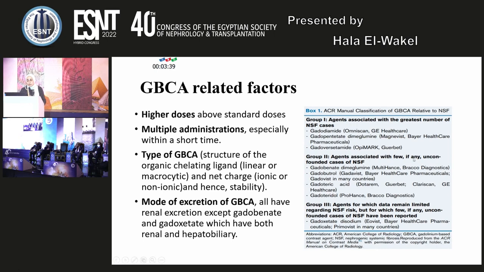For that reason, the American College of Radiology classifies the agents into three groups. Group 1, which is now condemned, Group 2 is safe with good evidence, and Group 3 is safe but with limited evidence.